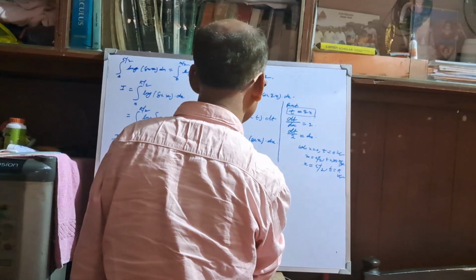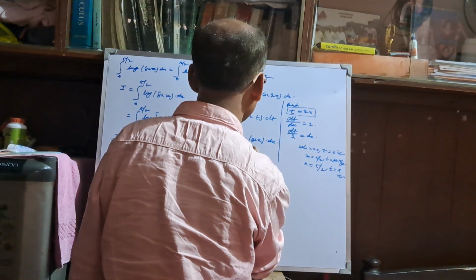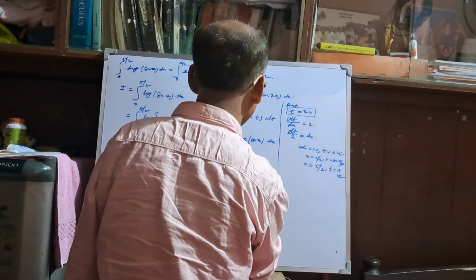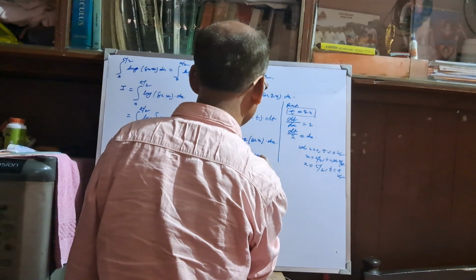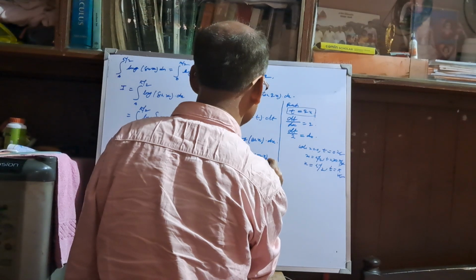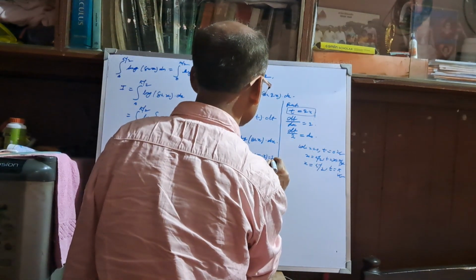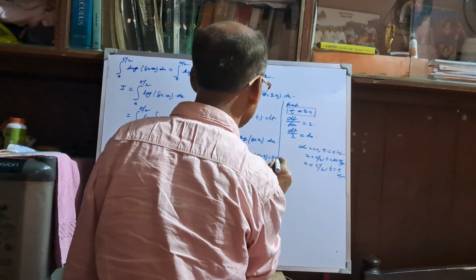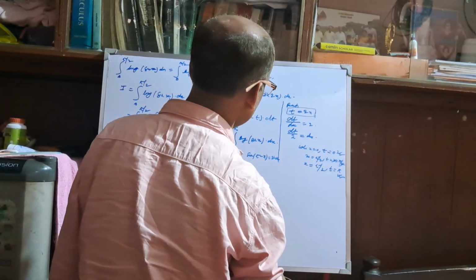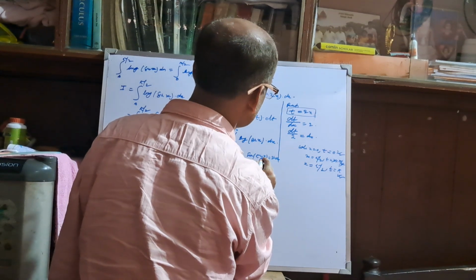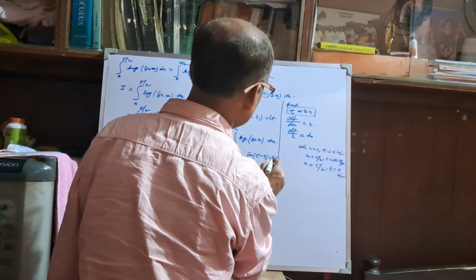Here you just see, actually sin of pi minus x is equal to sin x. Why does it happen so? Sin pi minus x is equal to sin x.